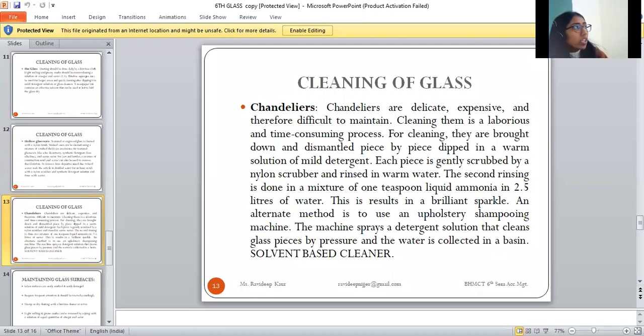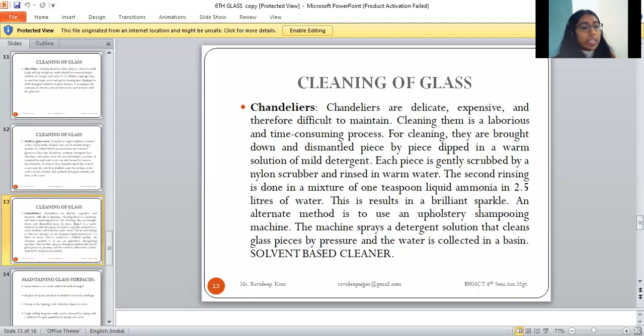You know that chandeliers are hung on the roof or placed in the center of the hall. So before cleaning them, they are moved down and detached. The different parts or sections of the chandelier are dipped into a warm solution of detergent.